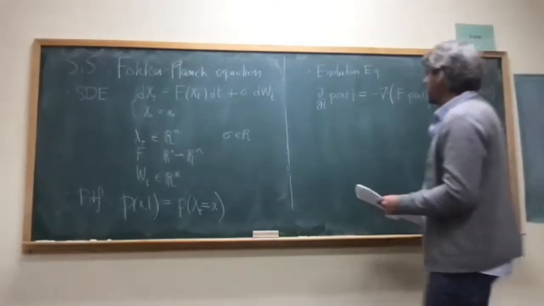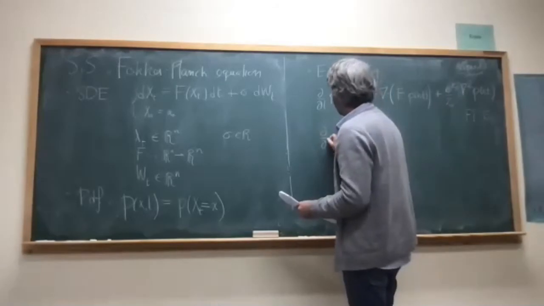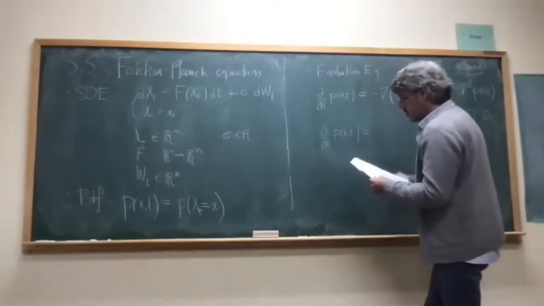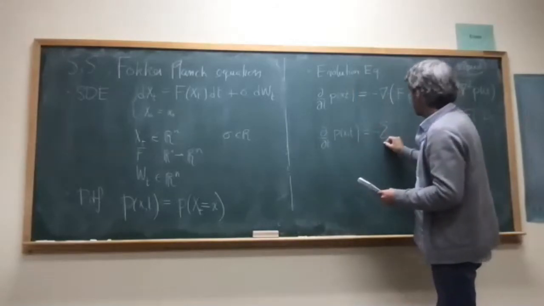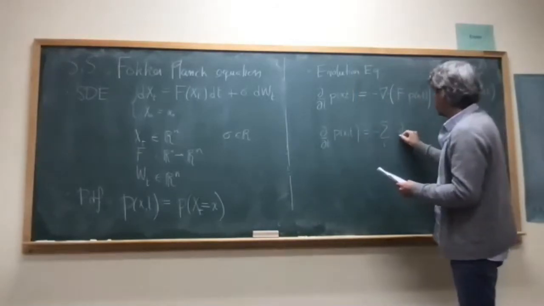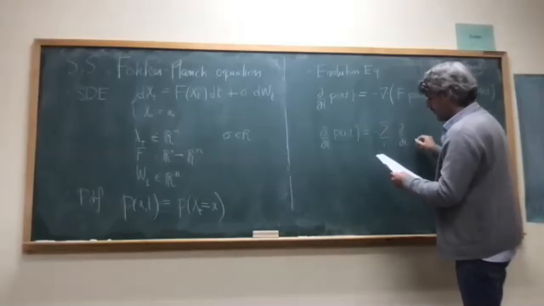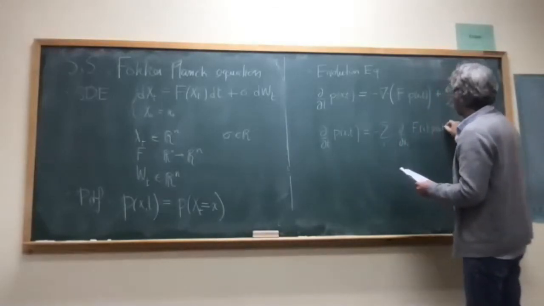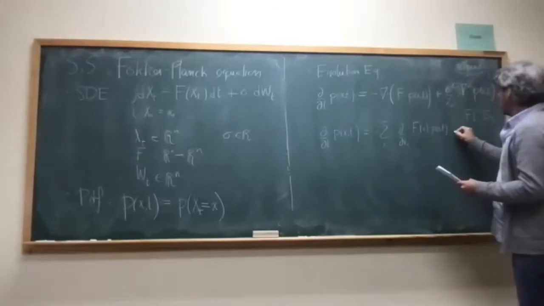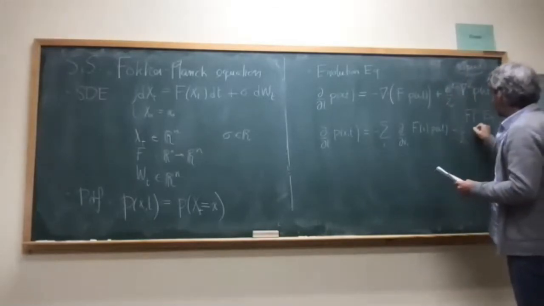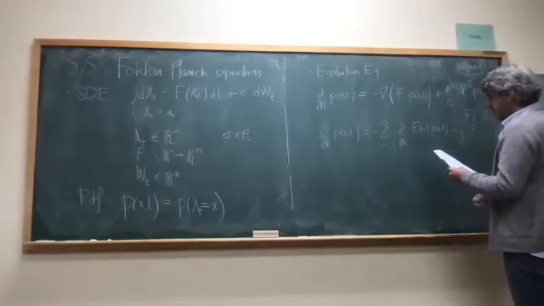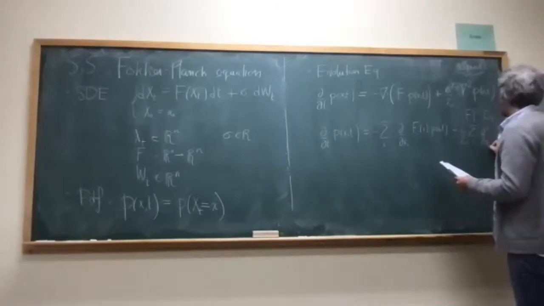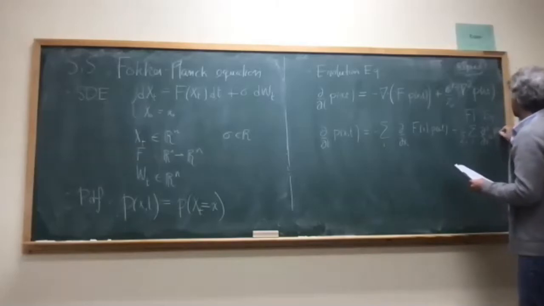In components, what this means is the following: the partial derivative in time of that function is minus the sum over the different components of the derivative with respect to x_i of f_i(x) p(x,t), plus 1/2 sigma squared of the sum over i of the second derivative with respect to x_i of p(x).